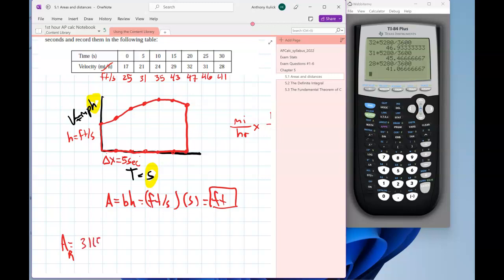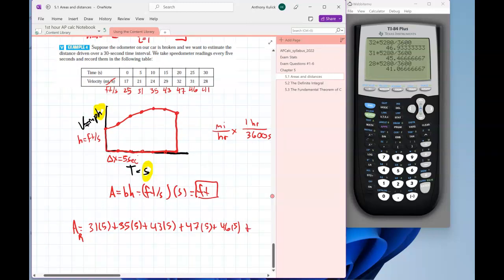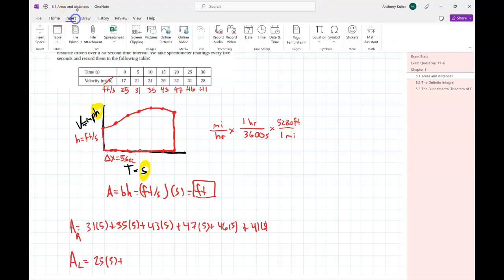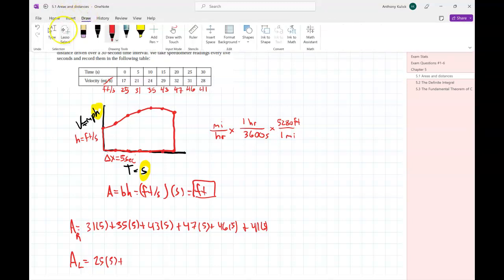That's going to be 31 times 5 plus 35 times 5 plus 43 times 5 plus 47 times 5 plus 46 times 5 plus 41 times 5. And if I do the left hands, I'm going to have 25 times 5 plus, and then I'm just going to cheat here a little bit.